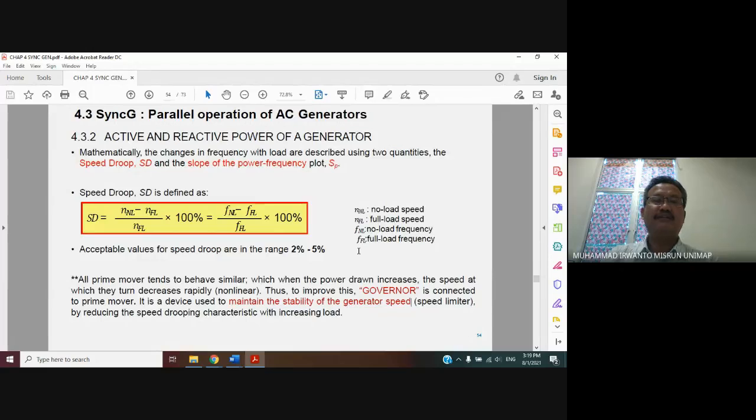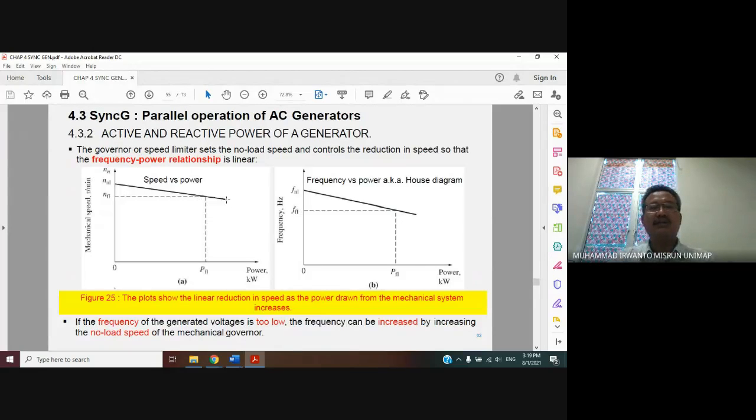Okay, and then we can see here. The governor or speed limiter sets the no load speed and controls the reduction in speed so that the frequency-power relationship is linear.